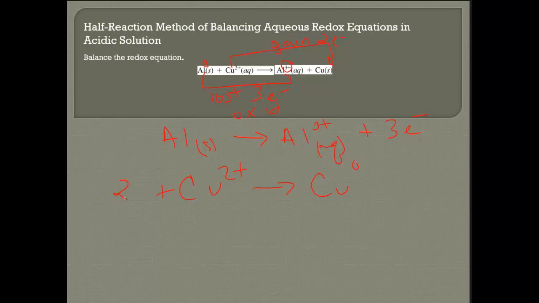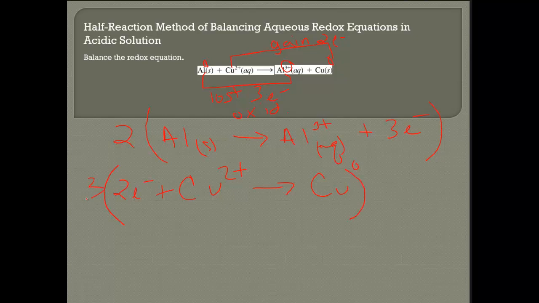The next thing we want to do is figure out the smallest number that's divisible by both 2 and 3, and that number is 6. So, to get 6 on the top one, we're going to multiply it by 2. To get 6 on the bottom one, we're going to multiply that by 3.